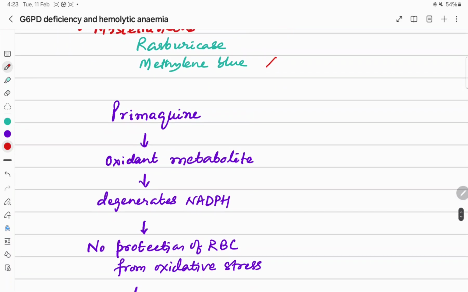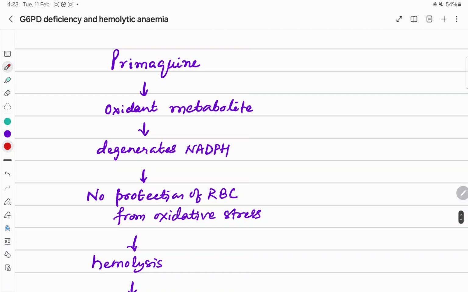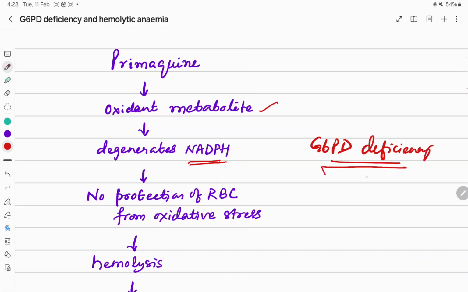Let us take the example of primaquine. Primaquine is the antimalarial drug whose oxidant metabolite degenerates NADPH. So, if the person is G6PD deficient, then the pentose phosphate pathway is also not able to generate NADPH.